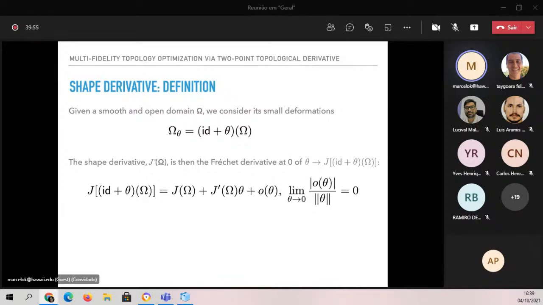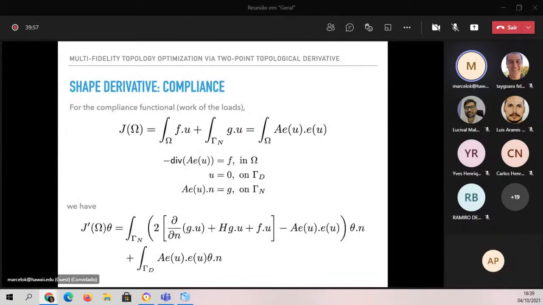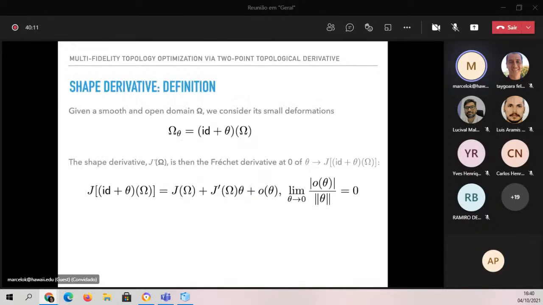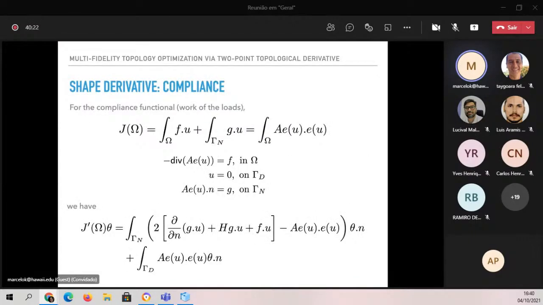This is that J prime, and then I can use that to calculate my topological derivative by taking the limit as h goes to 0 of this figure here, and choosing theta to be the shape velocity for a certain change of parameter. The parameter that I'm changing is h, and the shape velocity was the one that I showed before. So if you take the limit as h goes to 0, you get this expression.